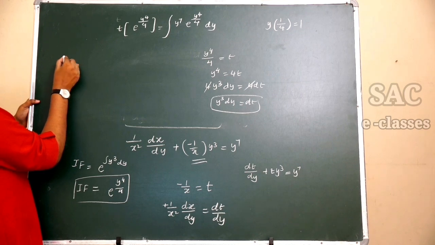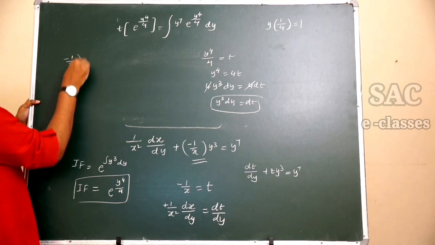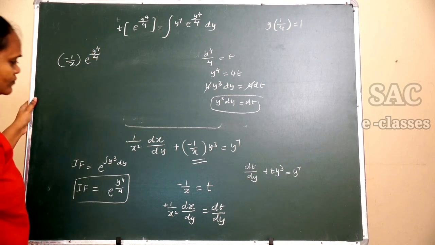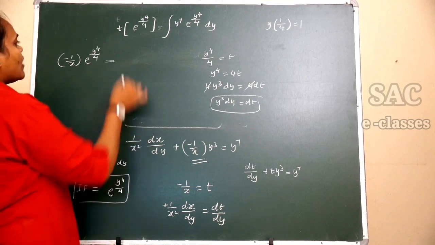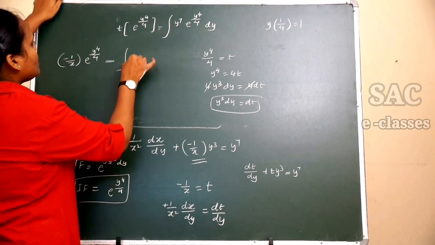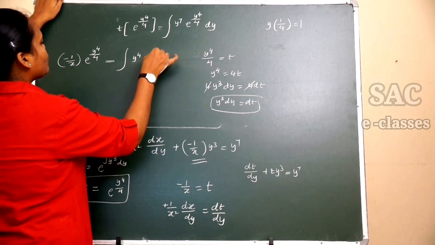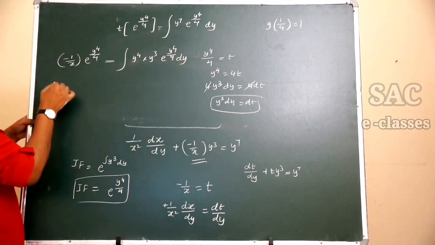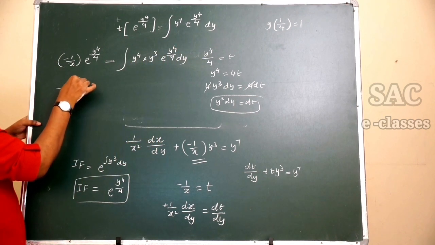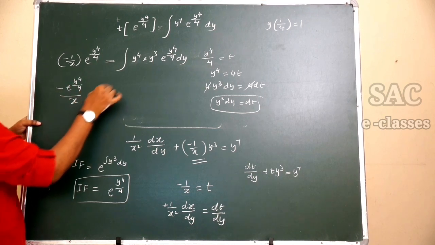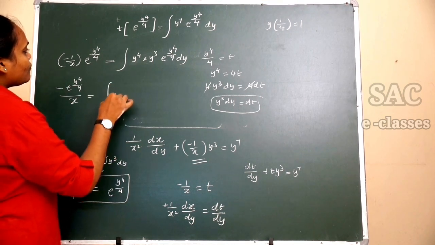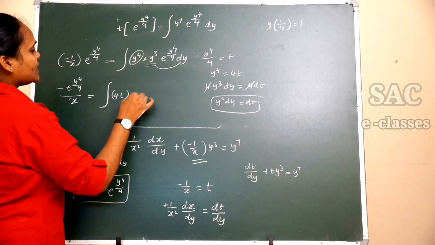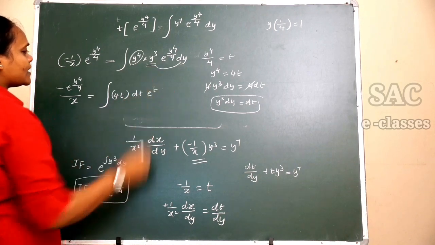Minus 1 by x into e power y power 4 by 4 is equal to integration of y power 7, which can be split as y power 4 into y cube, into e power y power 4 by 4 dy. So minus e power y power 4 by 4 by x is equal to integration of 4t into e power t, since y cube dy is dt.